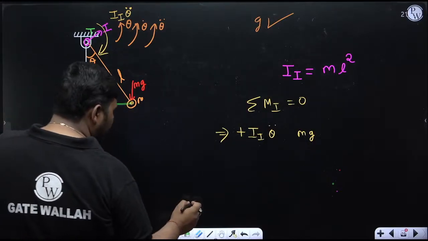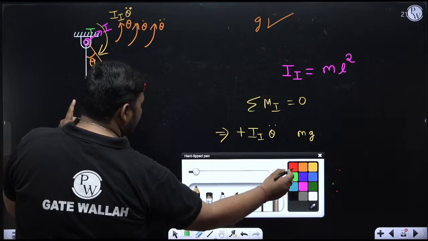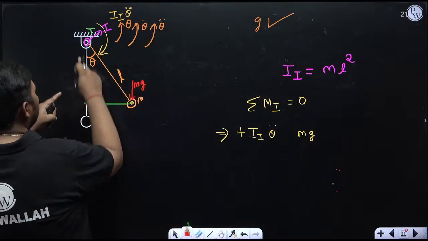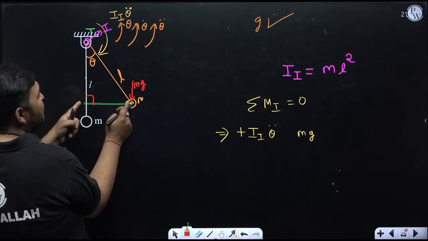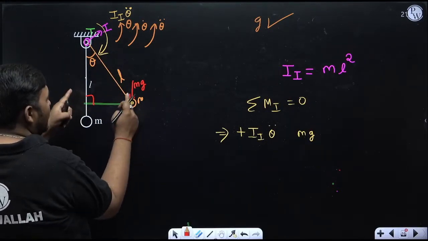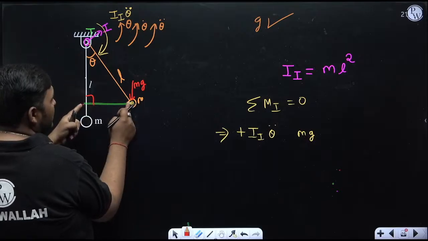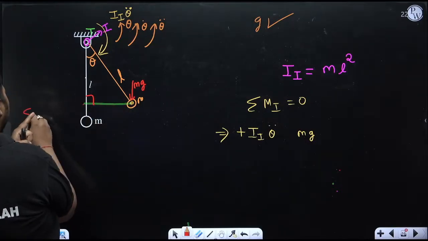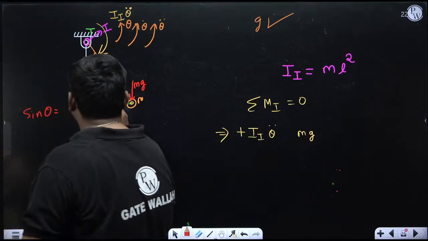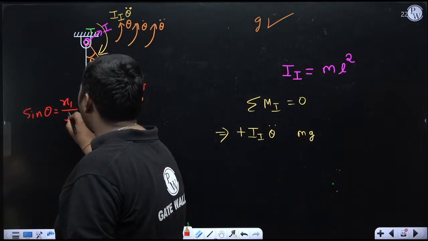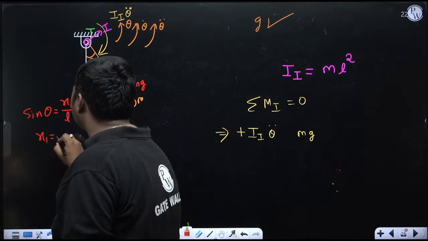Now this is mathematics. You can see this angle is 90. After displacement, this length is L. This angle is theta. So in this triangle, this distance will be the perpendicular. See, this L is in front of 90, so it is the hypotenuse. This is the base, and this is the perpendicular. And perpendicular will always be hypotenuse times sine theta, because sine theta is perpendicular upon hypotenuse. Suppose this distance is x1. So it is x1 upon the hypotenuse, which is L. So x1 will be L sine theta.